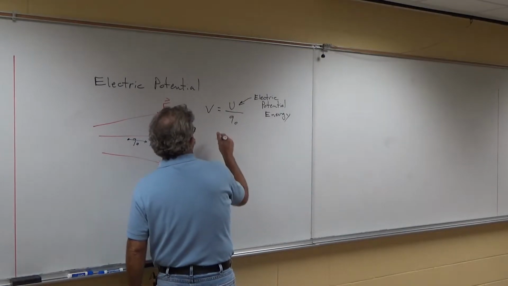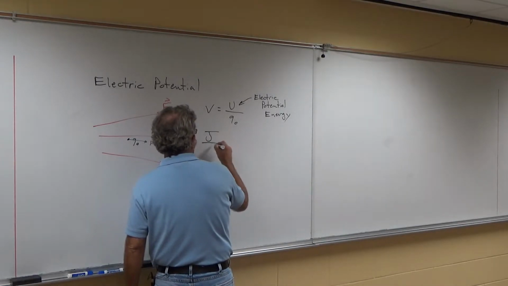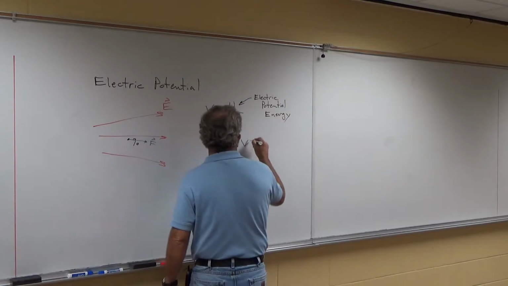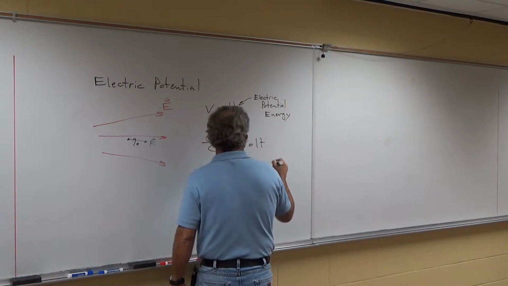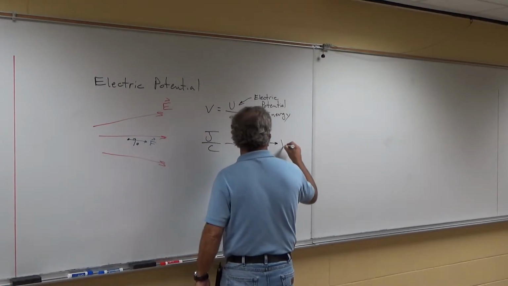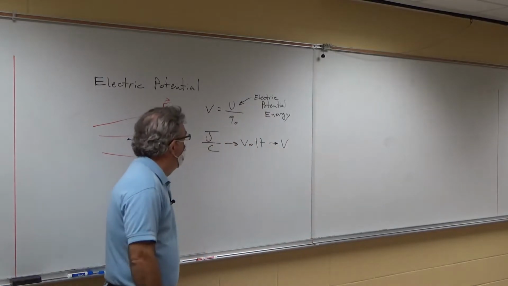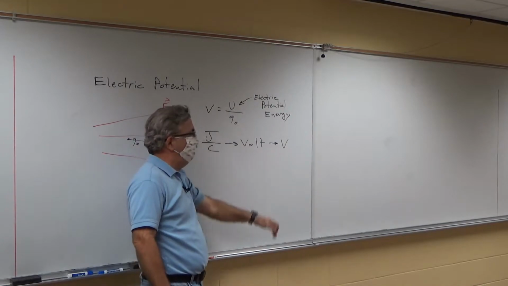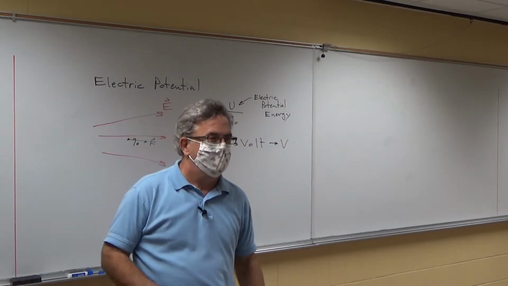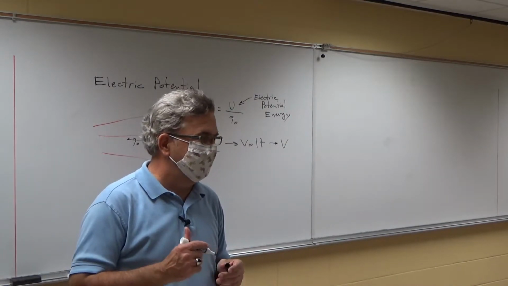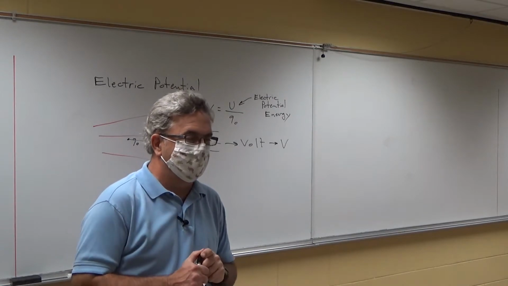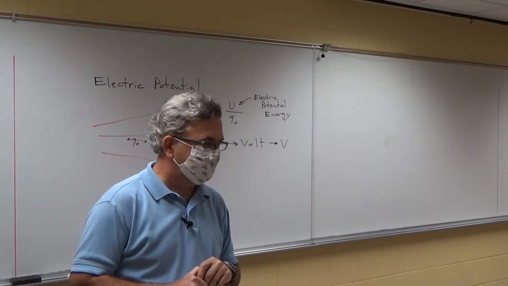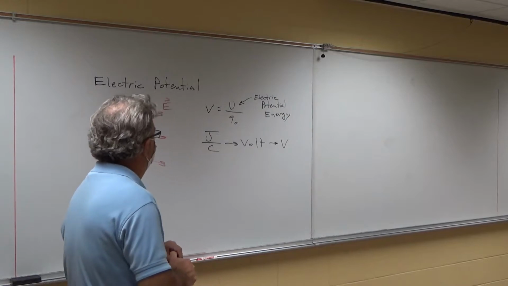V has units of joules per coulomb. That's called a volt, and the symbol for volts is V. So if electric potential is V and volts is V, everything's V. We'll see how to deal with that. It's really not that confusing.